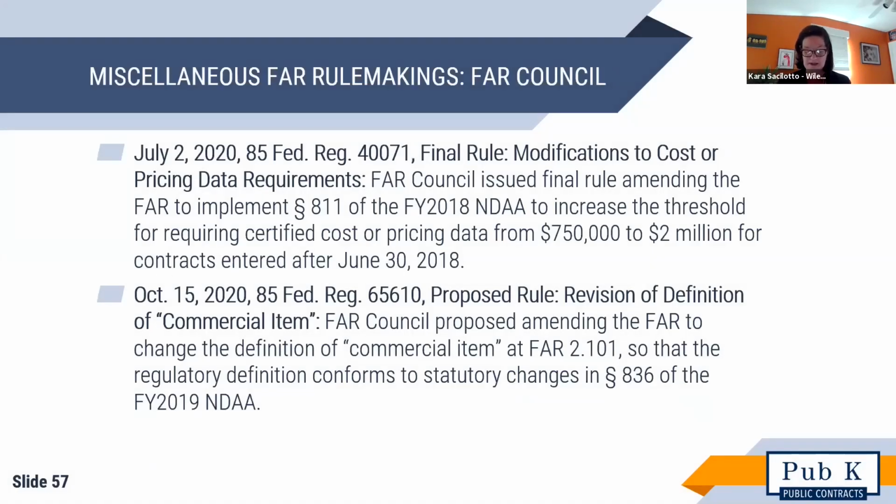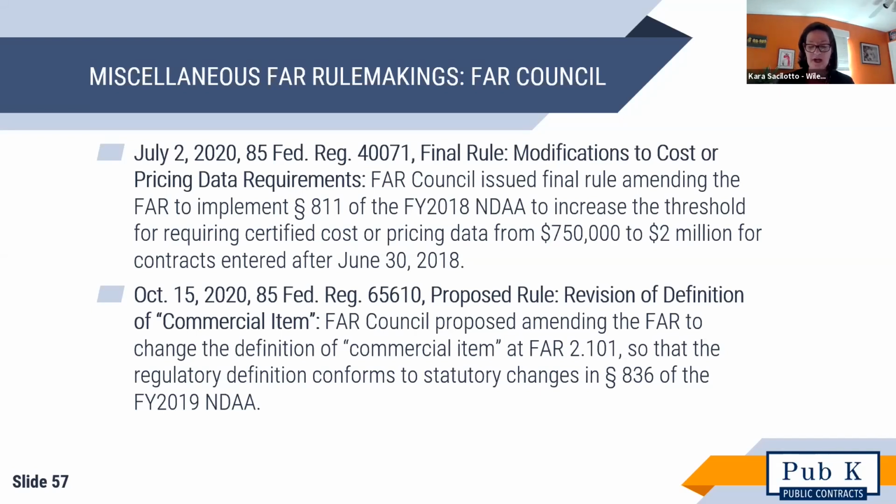The first bullet is simply an FYI, nothing shocking or amazing there, but that the certified cost or pricing data and CAS coverage thresholds increased from 750K to 2 million for contracts awarded after July 1st, 2018.